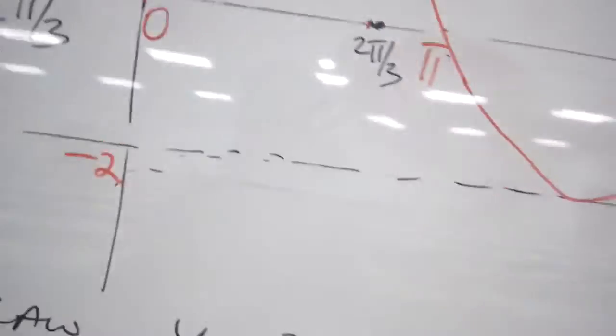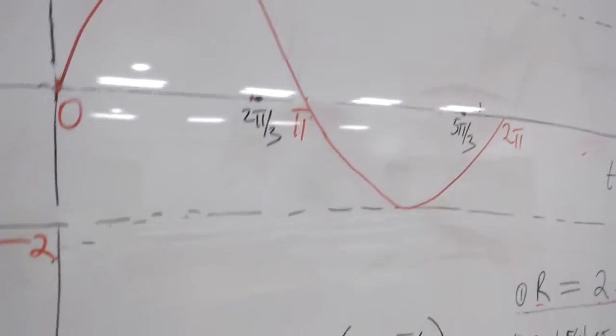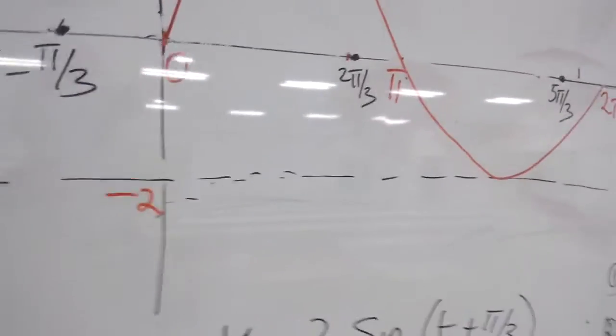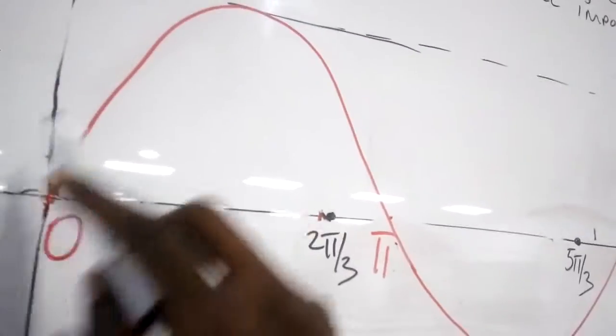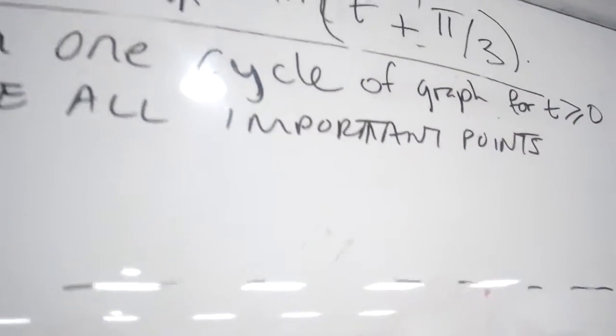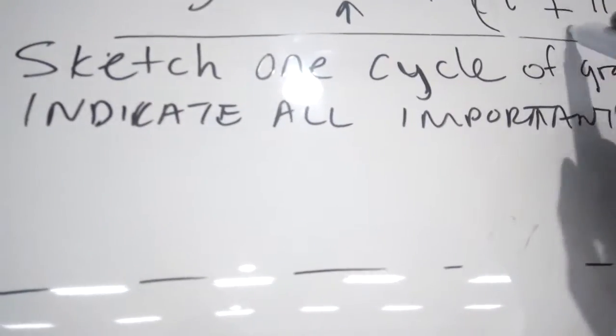Now I've got these 3 values, but I need another value, because remember from my notes, there is a positive phase angle. It means this is a lead, right? This graph is ahead of the one which is in red, because of that positive pi over 3 phase angle, which means it's ahead.